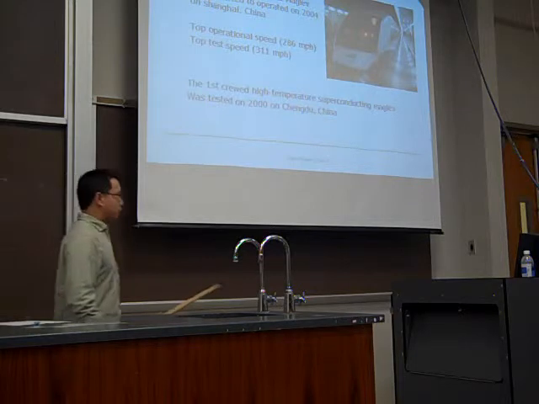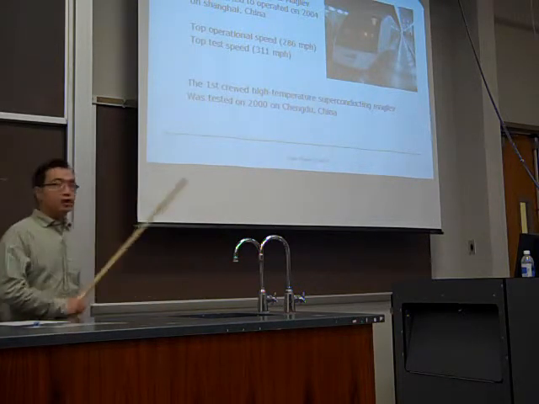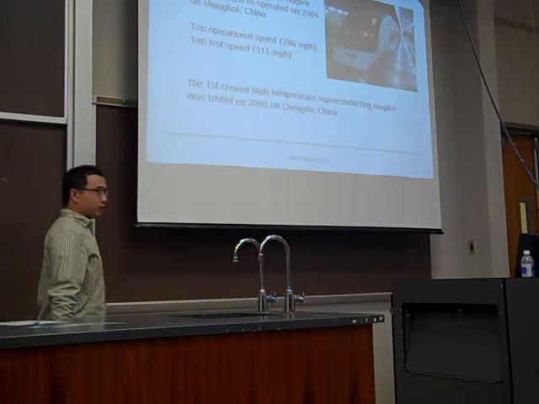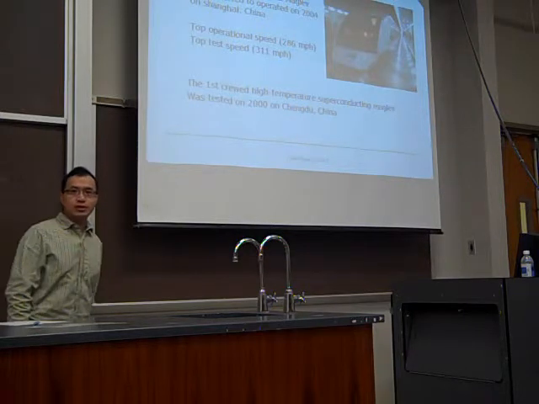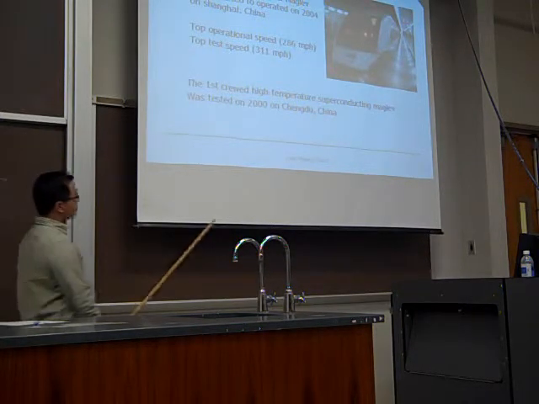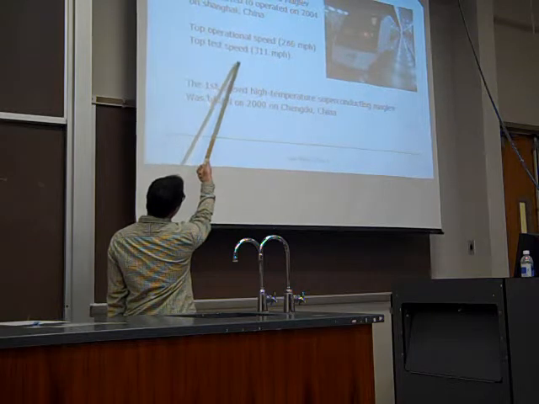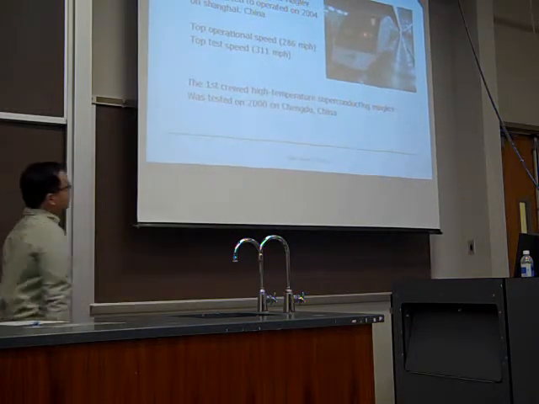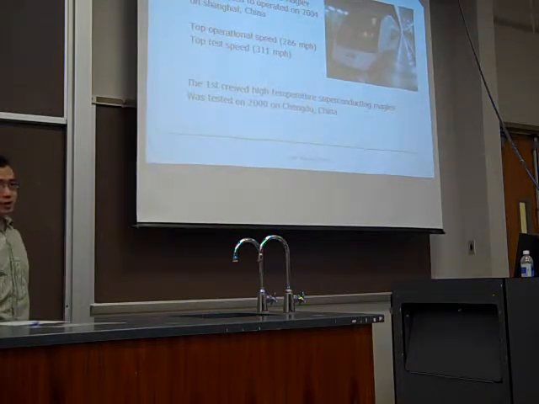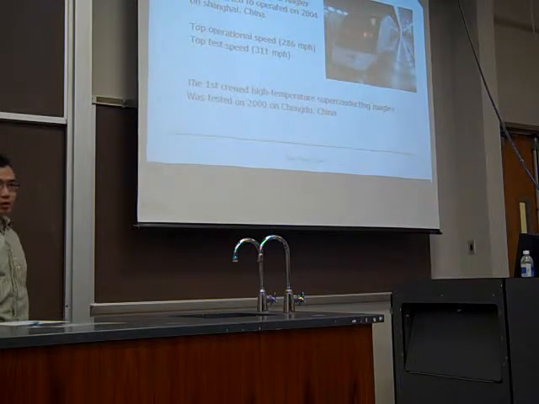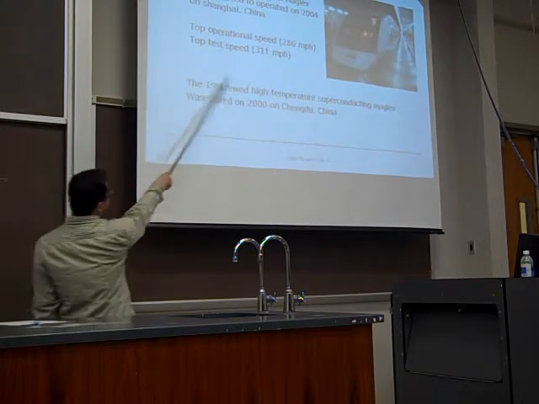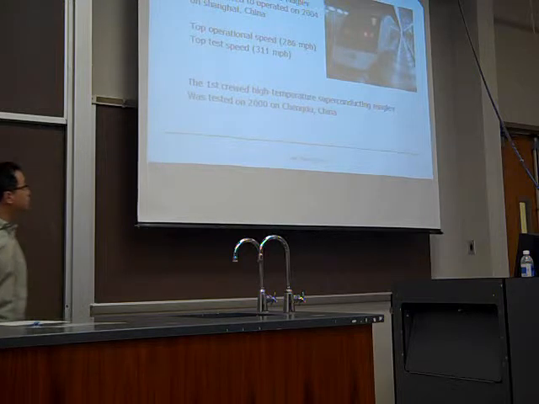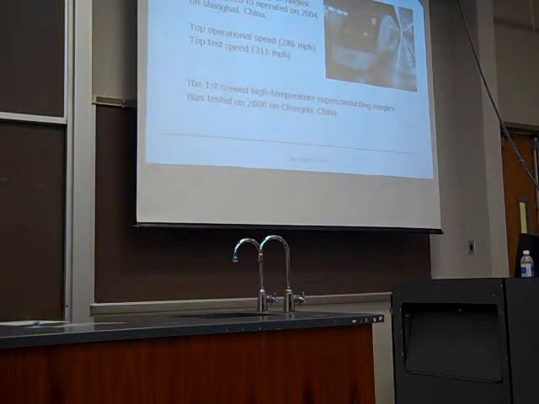It's just a kind of experiment because it costs a lot to build this kind of train. The top operational speed is 286 miles per hour, and the top test speed for this train is 311 miles per hour. So it's quite fast, as I mentioned.